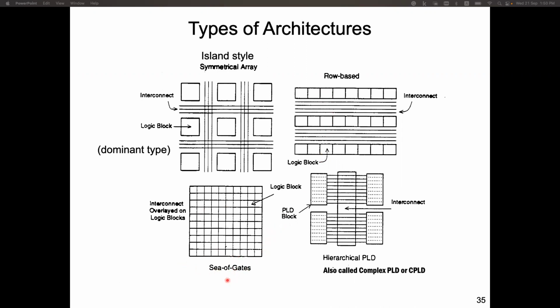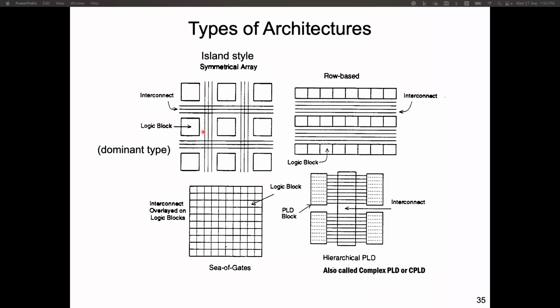A third style is sea of gates, where the logic is below the interconnect, or the interconnect wires are overlaid above the logic blocks. There is no clear distinction between logic blocks and the routing areas.